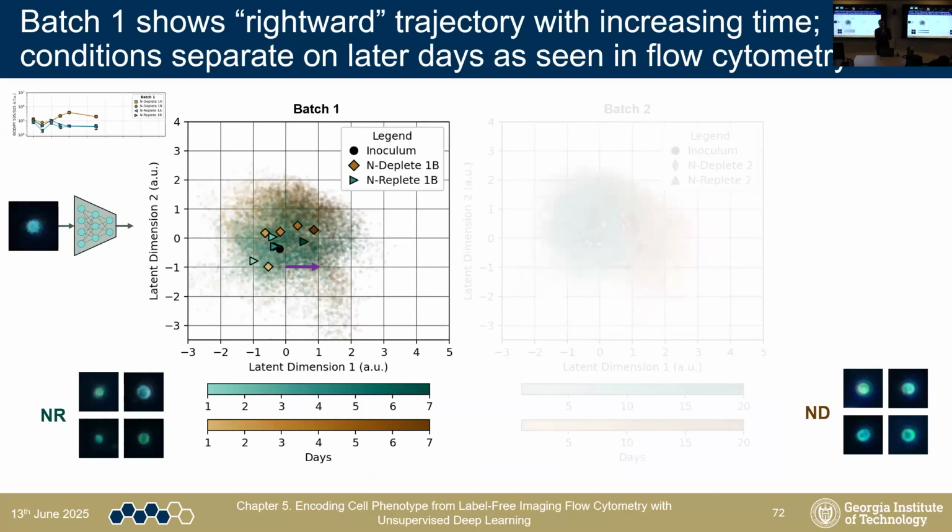We see an increasing trajectory over time in the rightward direction. In other words, there's something increasing with time, which is good based on the design of the study. We also see the conditions are pretty close in the first couple of days, and then they separate a little bit more in the later days. That's really good because that's what we saw in the ground truth, the flow cytometry.